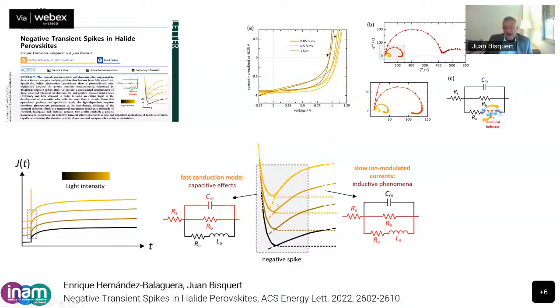And in fact, as I said before, here we have to consider the coupling of recombination and ionic effects, because you can see that we can have an initial capacitive discharge that would come here, but as time goes on, we have an additional recombination, so that the current is higher, so that now the inductor sets in and introduces this additional effect, so that this model of the chemical inductor of nonlinear differential equations in the neuron style can explain very well this transient and other phenomena.